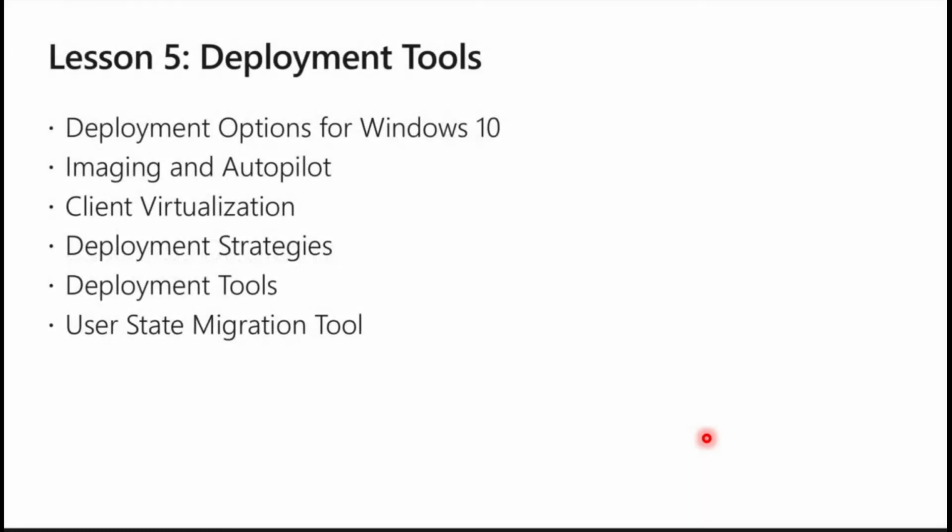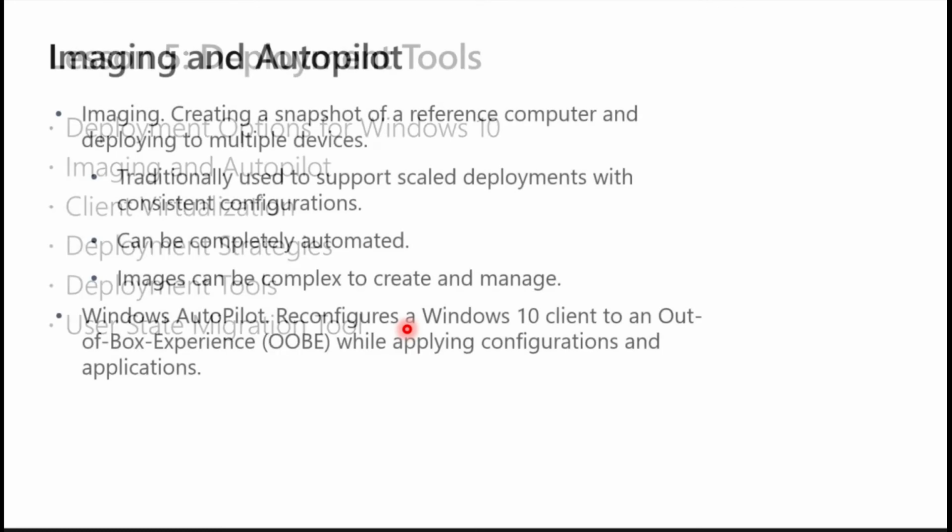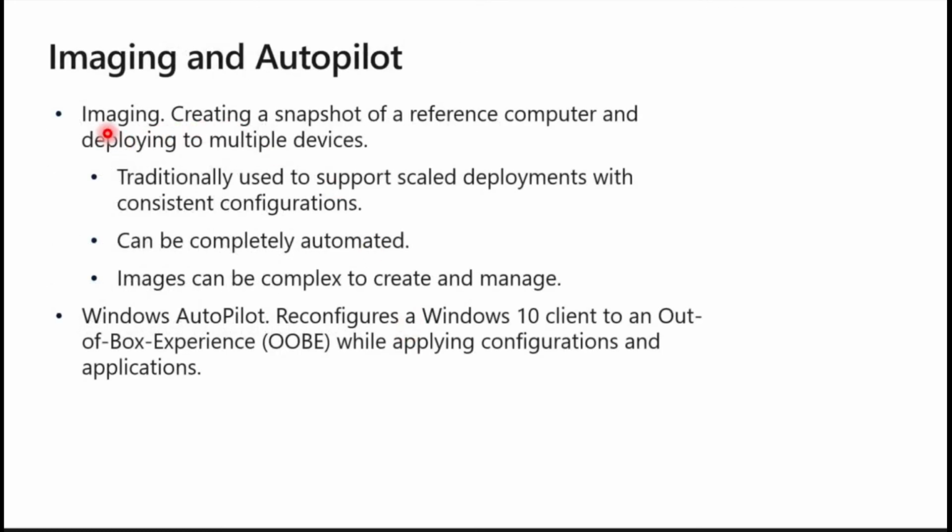Some deployment tools. Deployment options for Windows 10: imaging and Autopilot, client virtualization, deployment strategies, deployment tools, and user state migration tools. Now we're going to discuss around that. Imaging means creating a snapshot of reference computers and deploying to multiple devices. Traditionally used to support scaled deployments with consistent configurations, it can be completely automated.